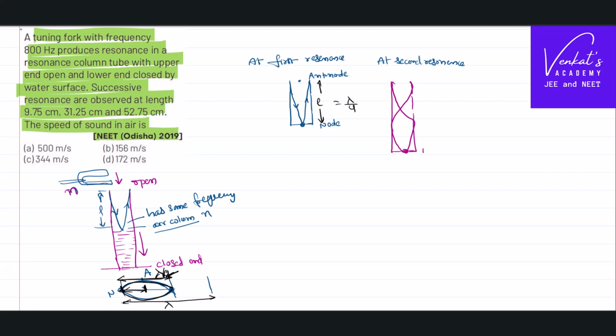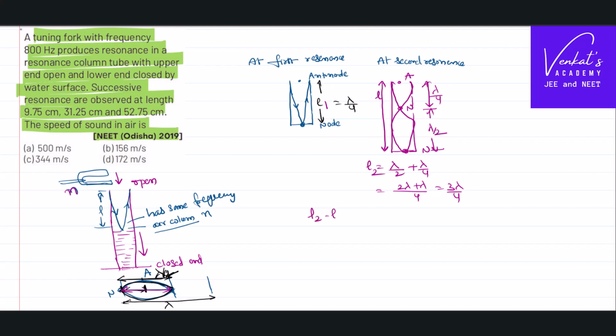In this case there is a node, a node, and an antinode. Between node and node the length is lambda by 2, and between node and antinode it is lambda by 4. So the entire length of the air column becomes lambda by 2 plus lambda by 4. Taking 4 as the LCM, that is 3 lambda by 4. You call this the second resonating length, and the earlier one the first resonating length.